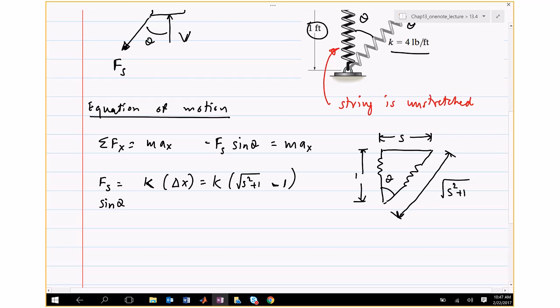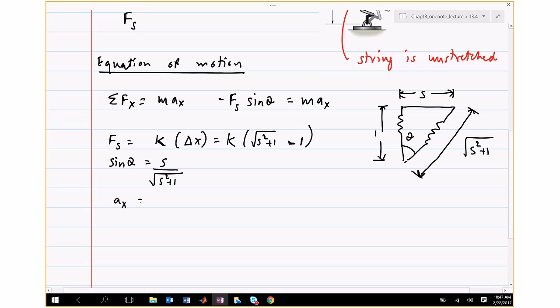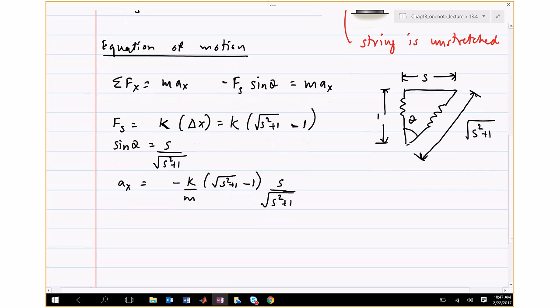Sine theta is simply the opposite side, s, divided by the hypotenuse, square root of s squared plus 1. So given that Ax is minus k times (square root of s squared plus 1 minus 1) divided by m, times sine of theta, s divided by square root of s squared plus 1. Okay, so that's the acceleration.